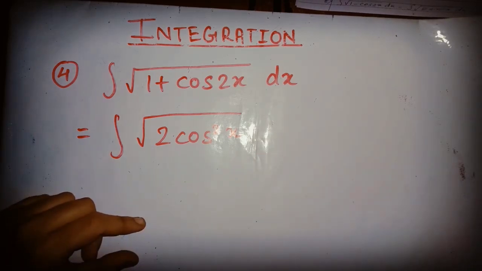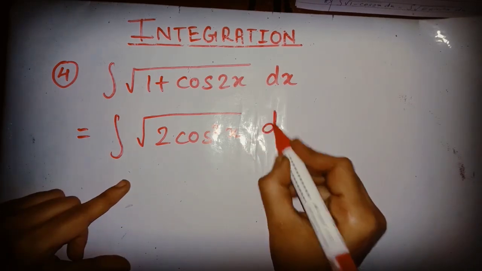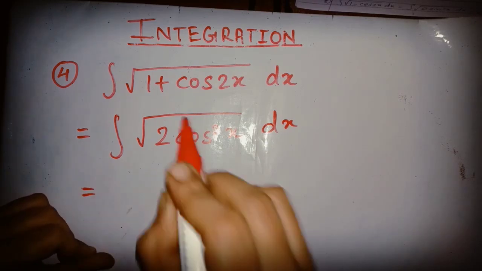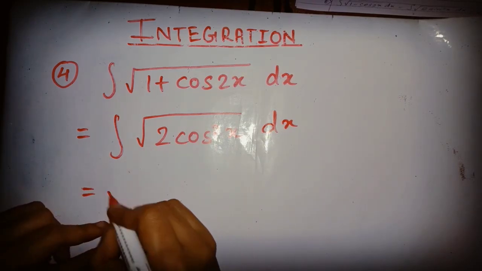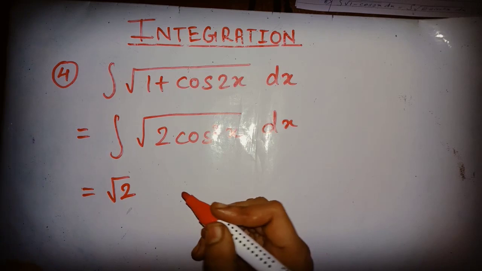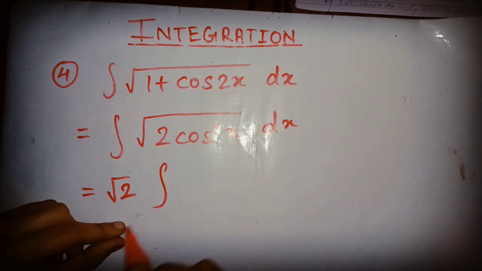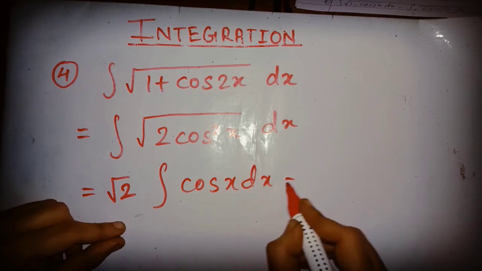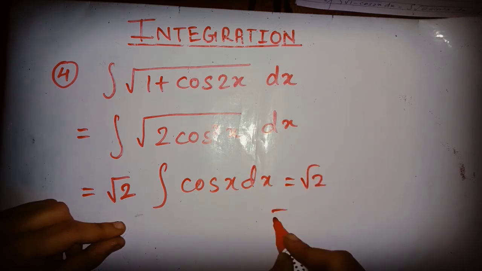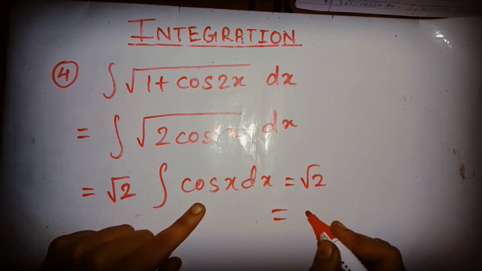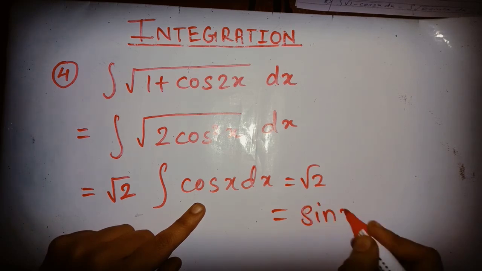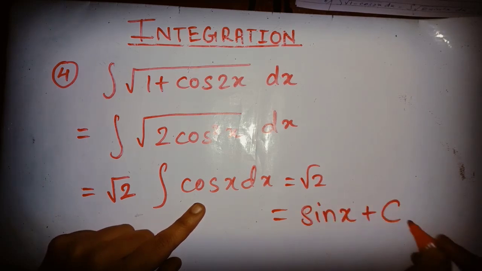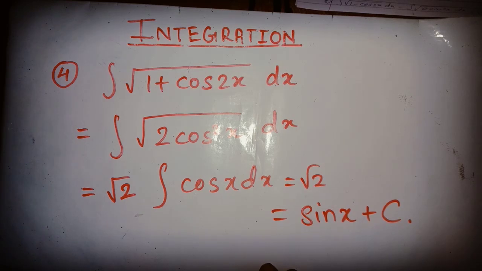So let's solve further. This is easy now. You have to take the root. Root 2 is a constant, you can take it outside. So integral of cos x dx. What is the integral of cos? It is sin x plus c.